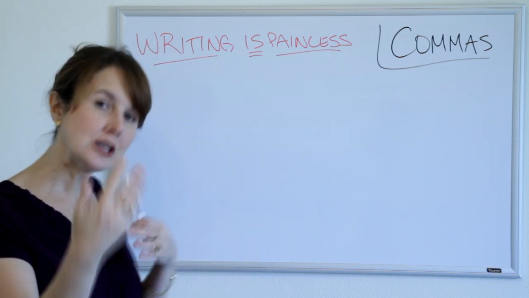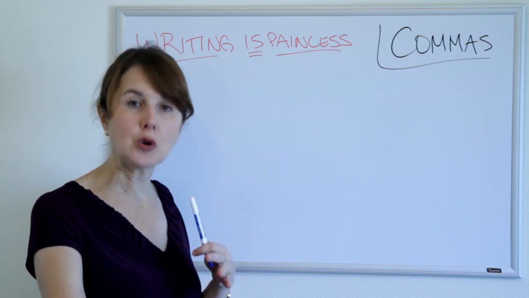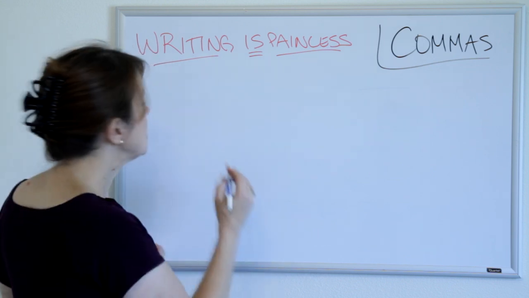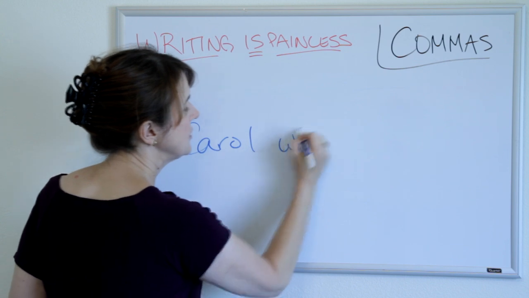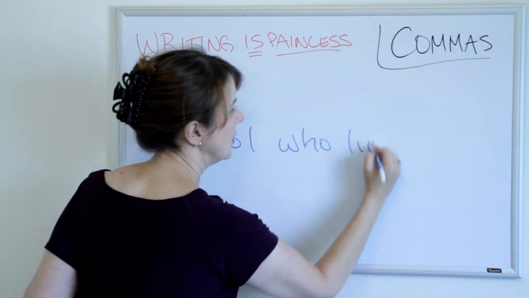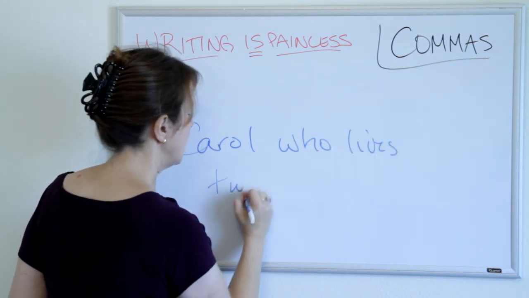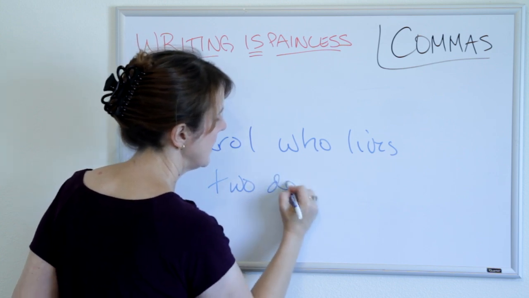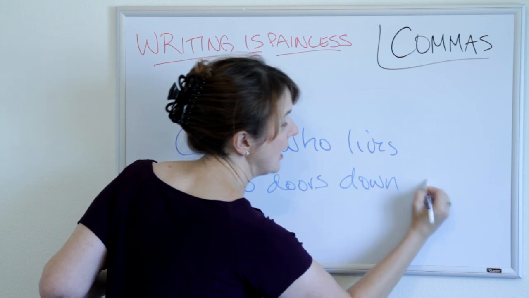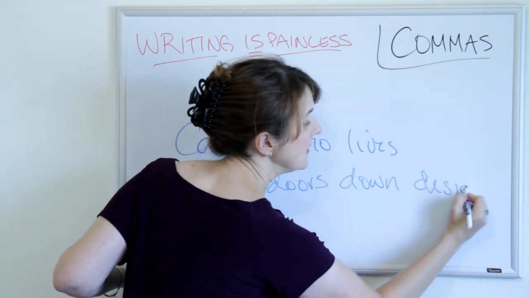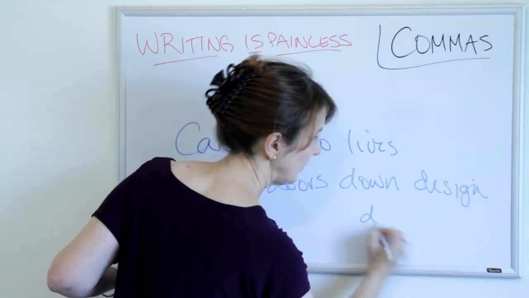So you can speak to your reader by how you write. If I had a sentence like, "Carol, who lives two doors down, designs graphics," the phrase we're talking about is "who lives two doors down."